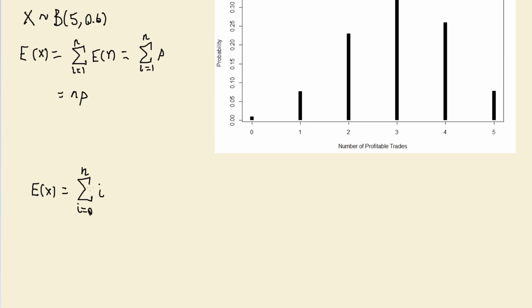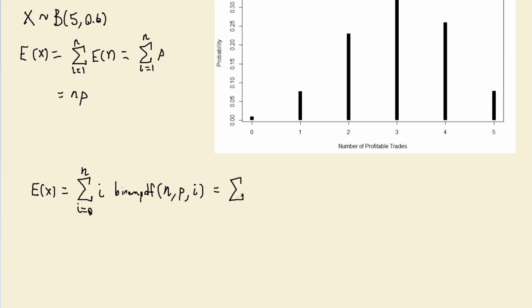And then we're going to multiply by the probability of this outcome occurring. And the probability of that occurring is just going to be our binom PDF, in general, with n trials, a probability of success of p, and we're evaluating this at i. And so what's this equal to?